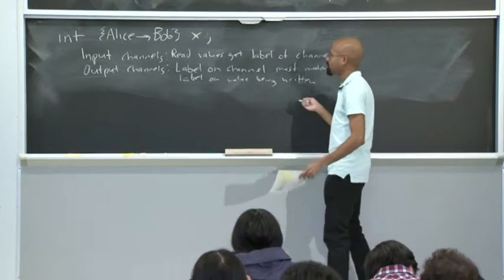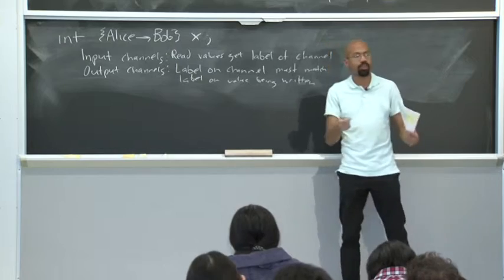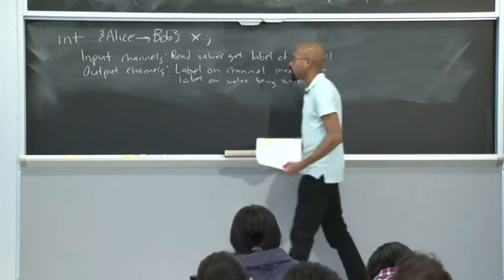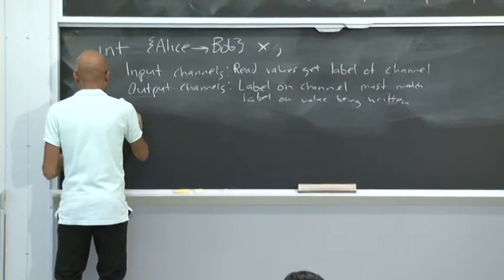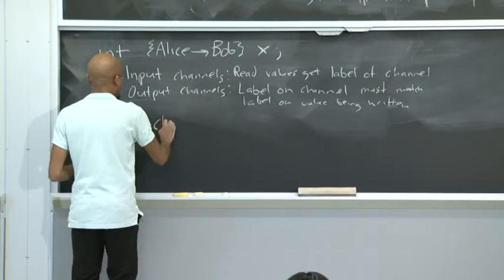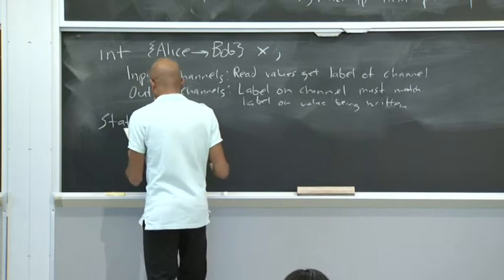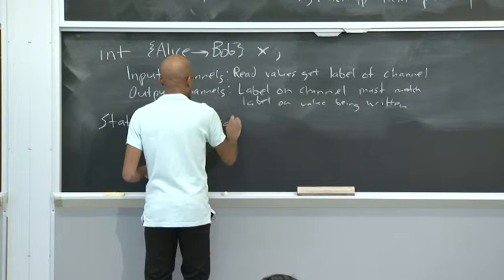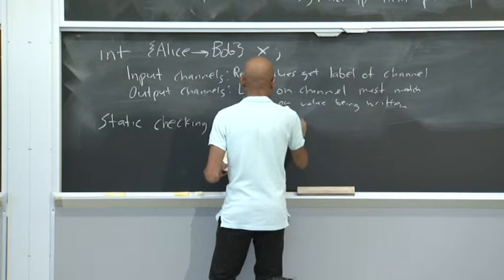And so what's nice about some of these systems is that they do require the programmer to do a little bit more work, but the outcome of that work is that static checking, and by static checking I mean checking that's done at compile time, can catch many types of information flow bugs.